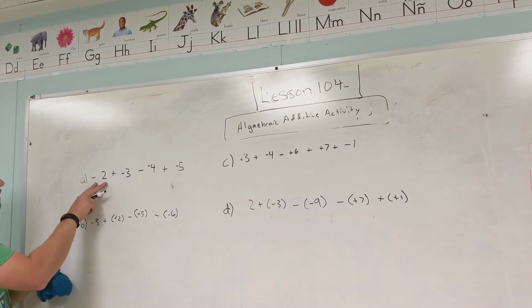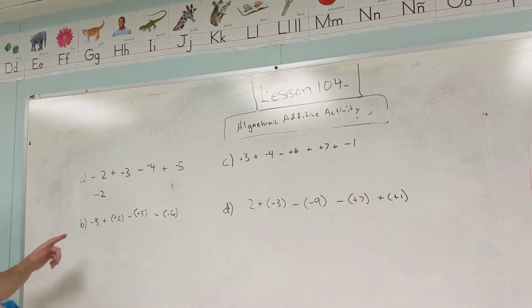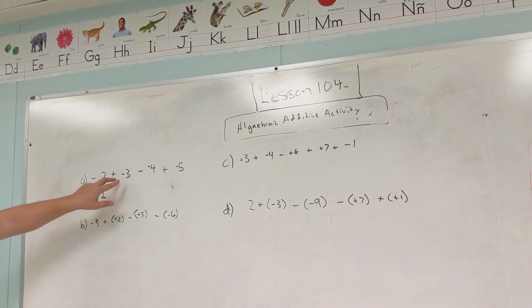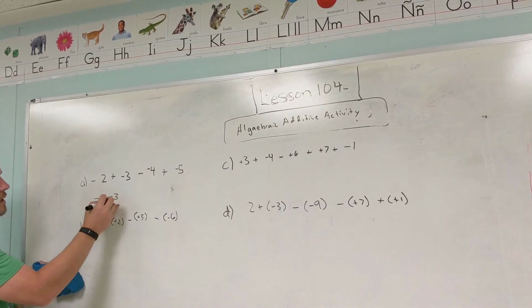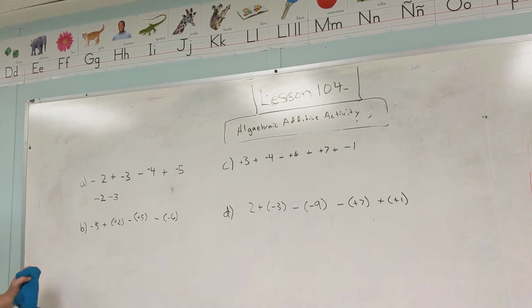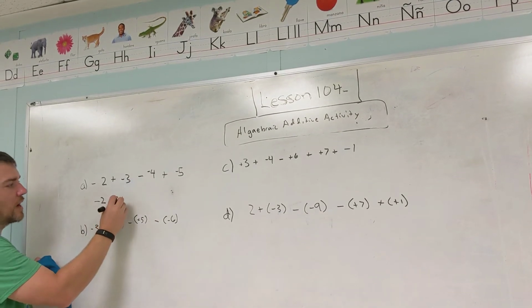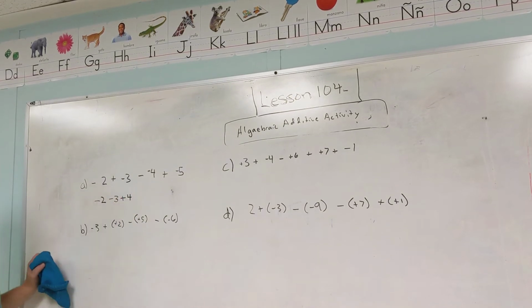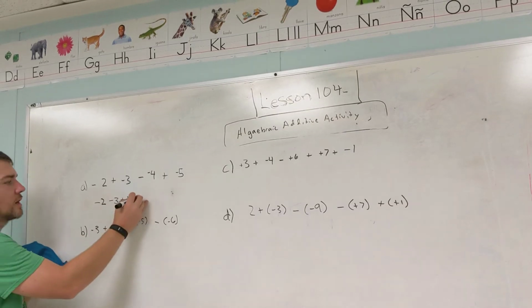I start out with a negative number, so that's negative 2. We're going to keep it that way. And then plus a negative 3, the plus and the minus, we can just turn that into a minus 3, right? And then when I subtract a negative number, we can turn that into adding, so I'm going to add 4. And then when I add a negative number, that's going to be subtracting.